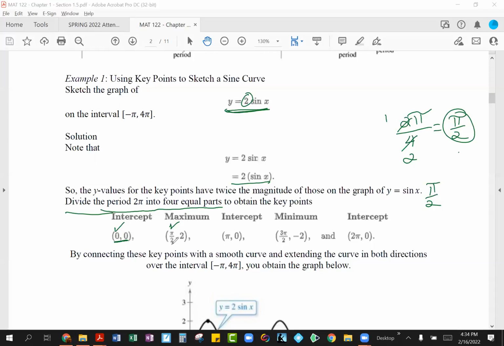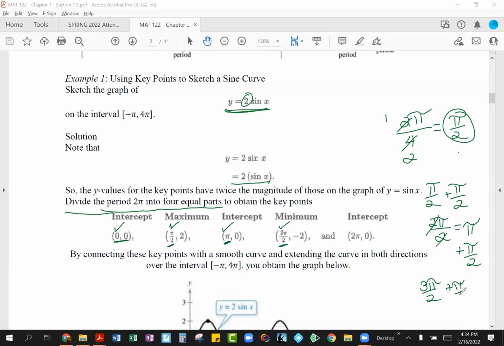Now that we're at pi halves here, go ahead and add another pi halves to it. Same denominator, pi plus pi will become 2 pi. The 2's cancel out, leaving you at pi. So this will be our next x value. Go ahead and add another pi halves to this. This will end up giving us 3 pi halves, which is our next x value.